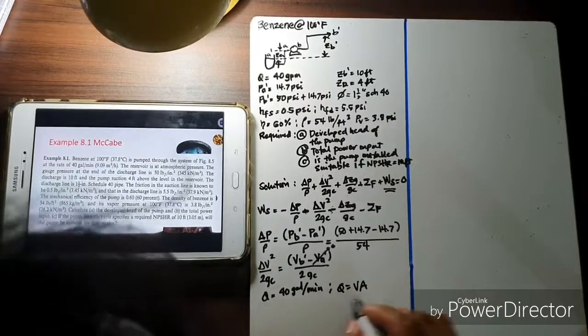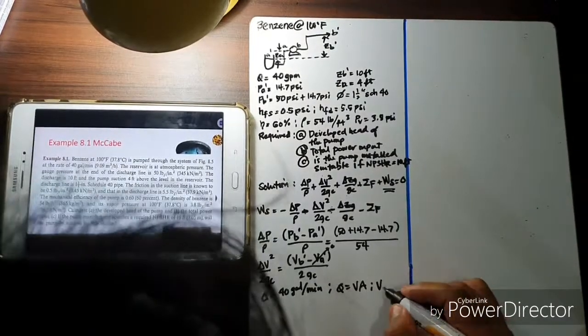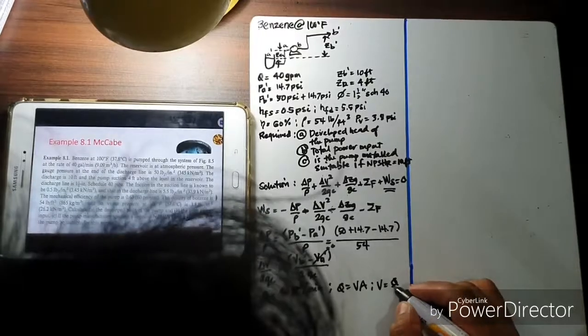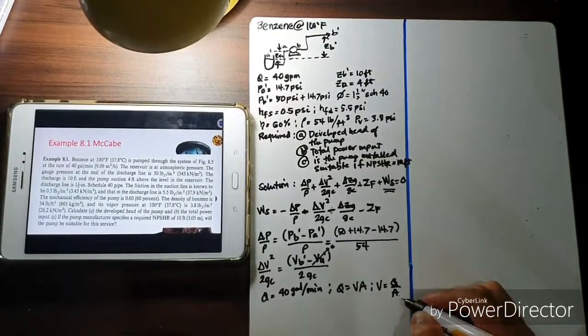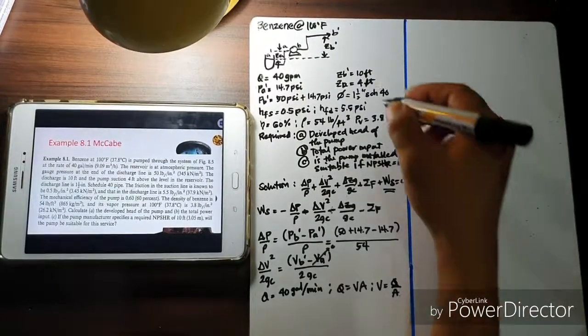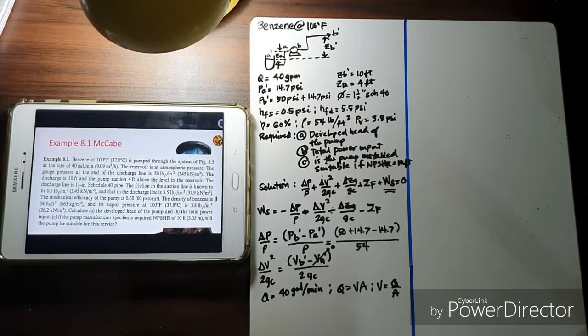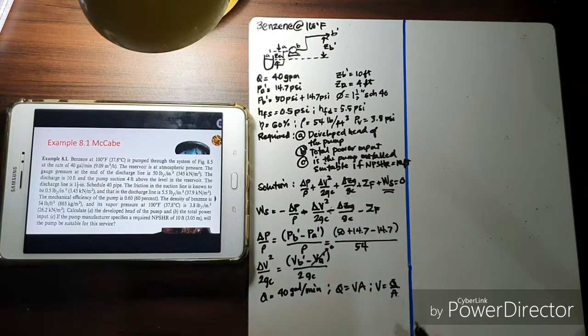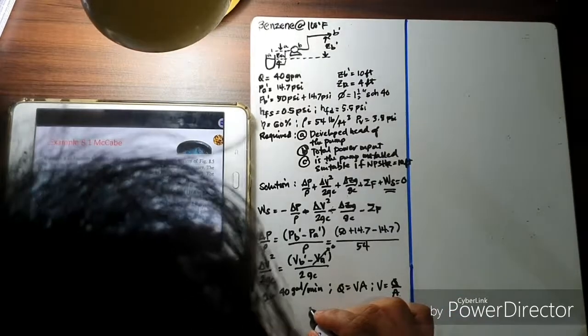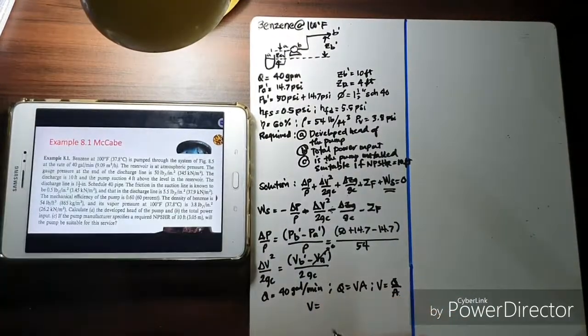So for us to be able to calculate the velocity, this is then equivalent to Q over area. What is the area? The area is actually the area of the 1 1/2 inch schedule 40 pipe.